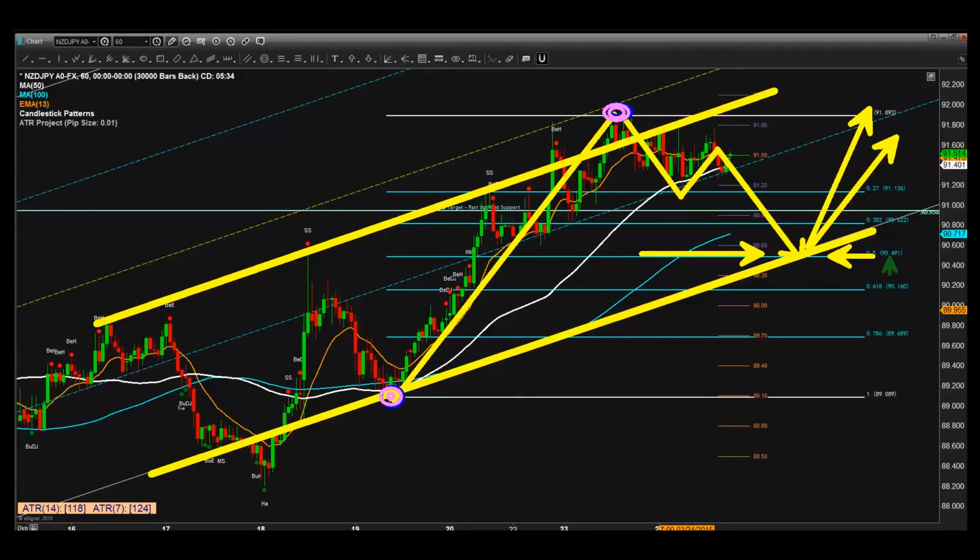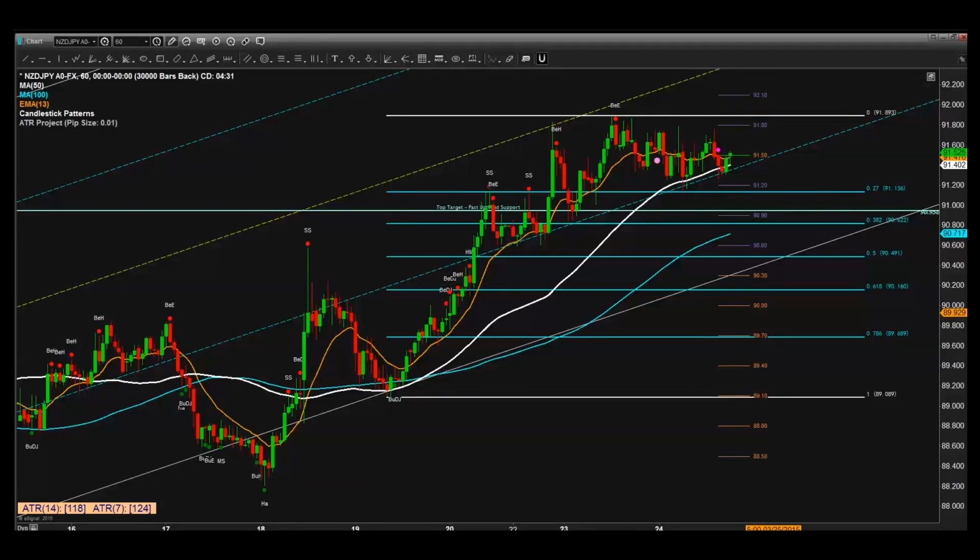And that gives you the 50% around the 90.50, which coincides with the bottom of a channel for them to bounce off from here.